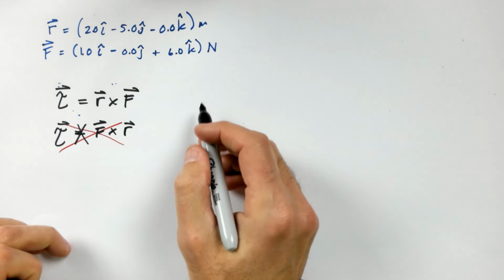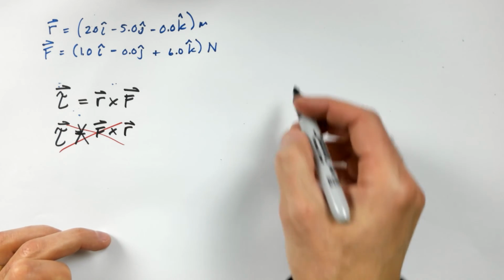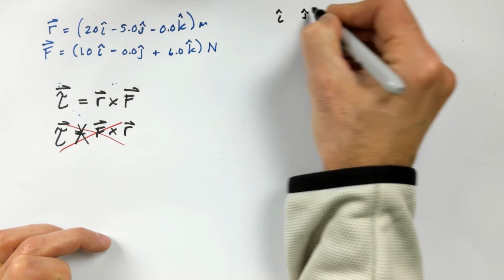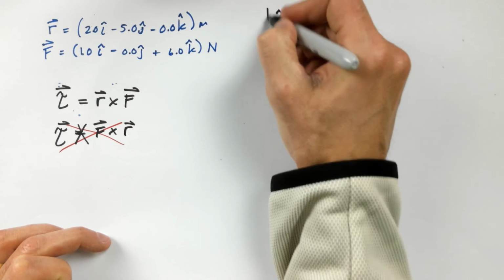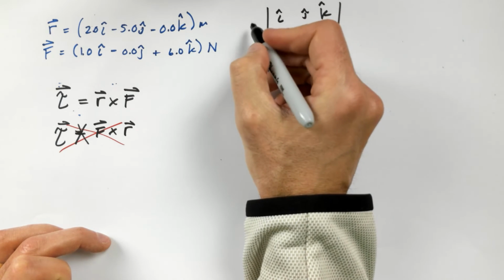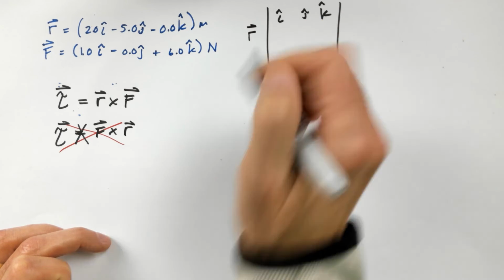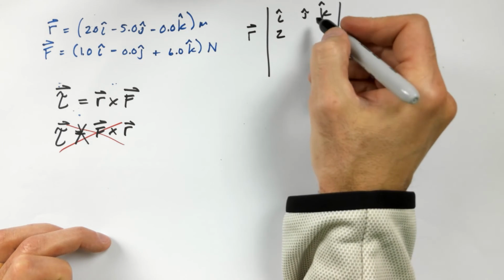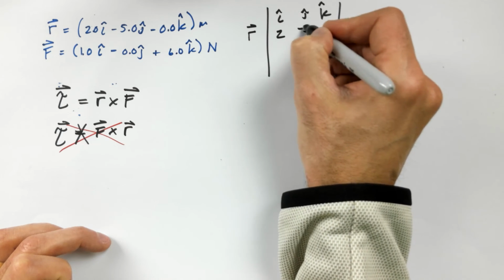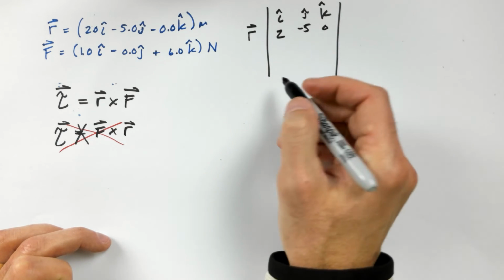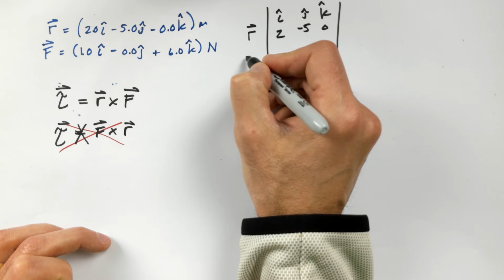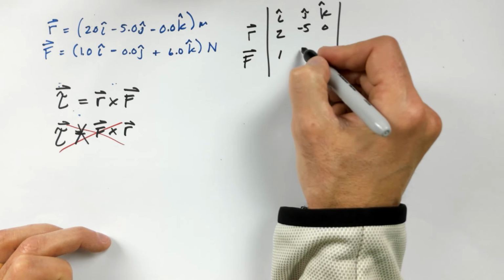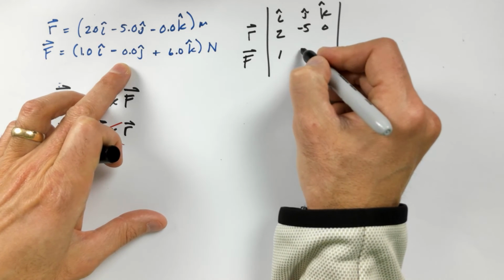So let's set up the matrix. All right, so we have I, J, and K. And the R vector is going to be 2, -5, and 0. And for the force vector, the I, we're going to have 1. The J is 0.